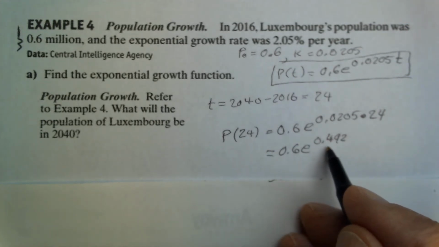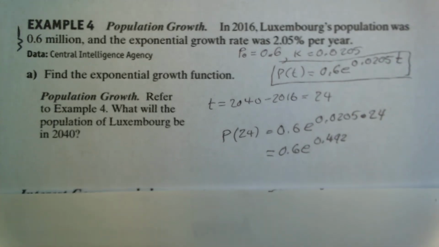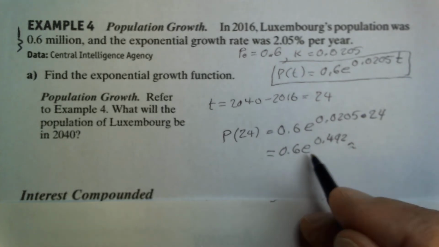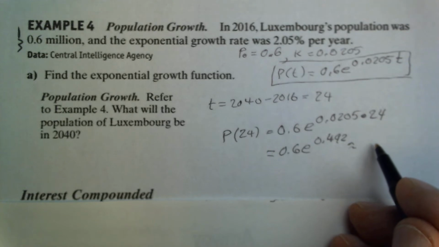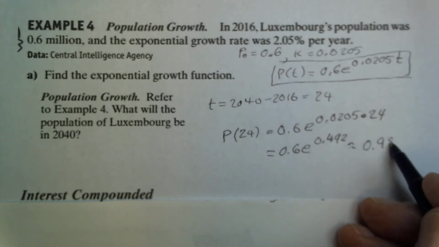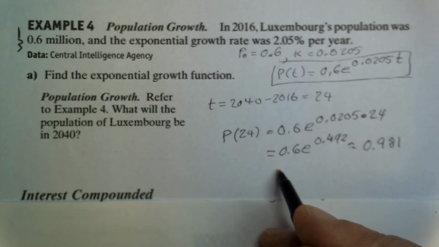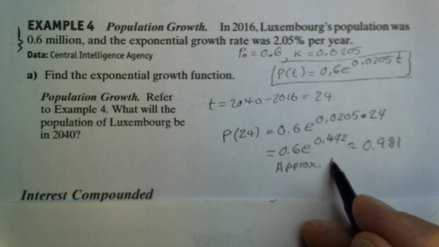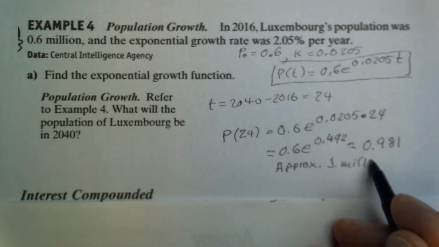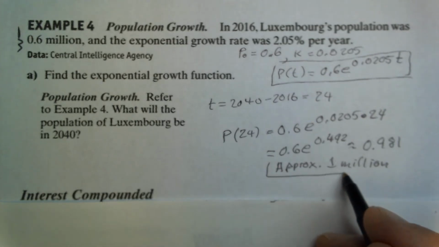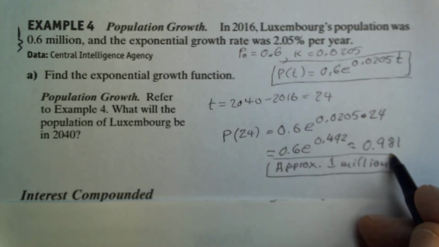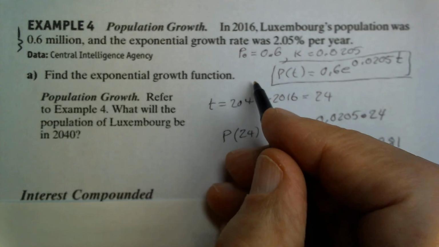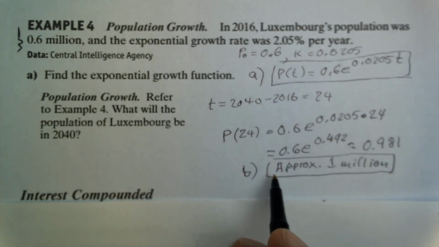We raise e to the 0.492 power, and 0.6 times that number is about 0.981, or we can say approximately 1 million population in 2040. So that's the answer for part B. This is the answer for part A, and this is the answer for part B.